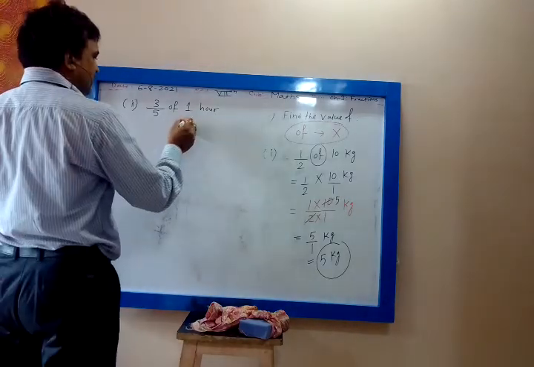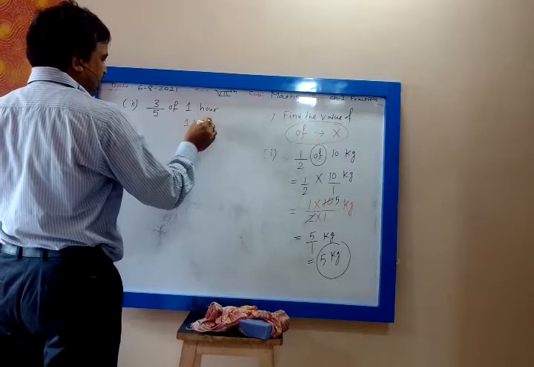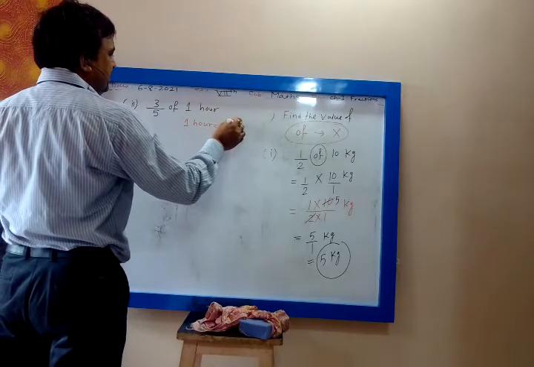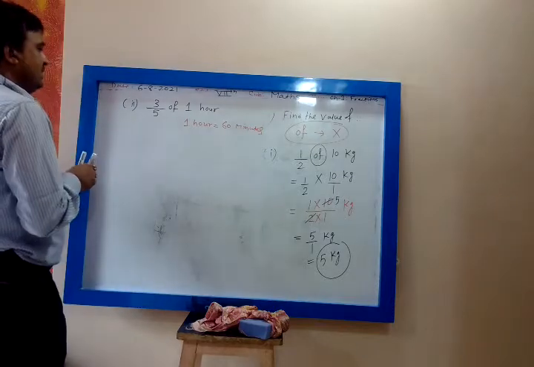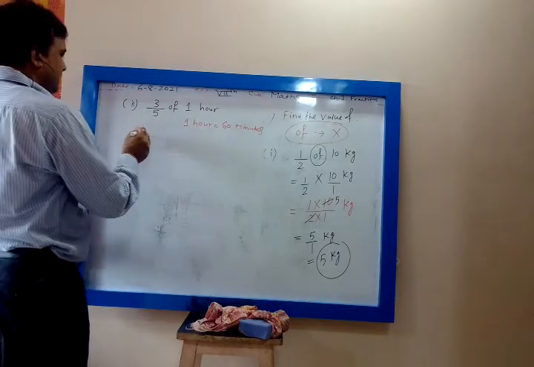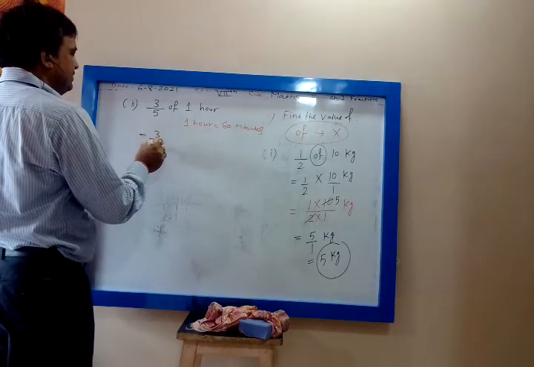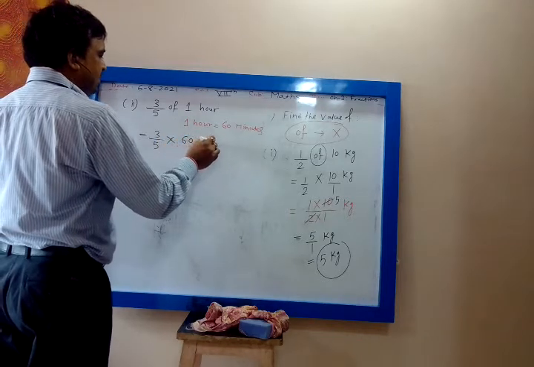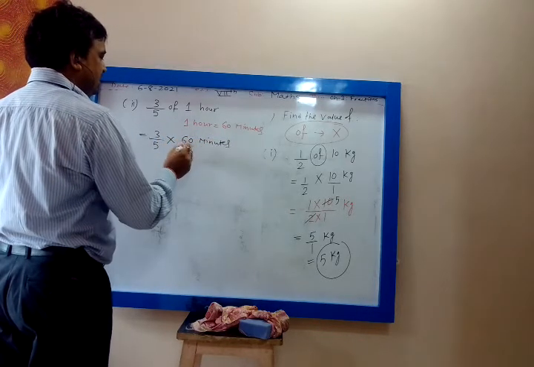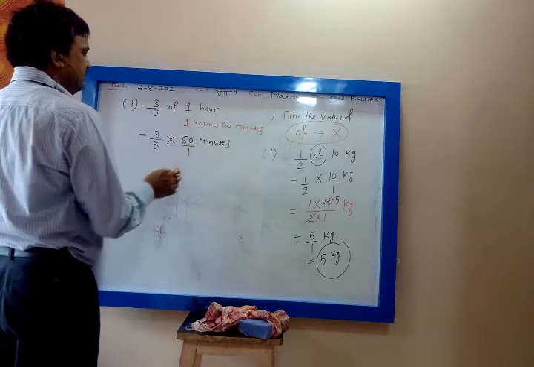So we write 1 hour is equal to 60 minutes. So we write 3 by 5, of means multiplication, 1 hour means 60 minutes. 60 minutes we write as 60 upon 1.